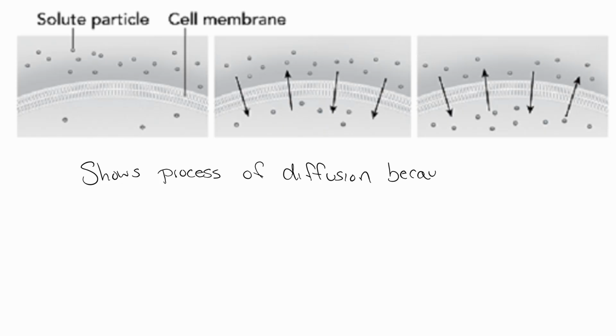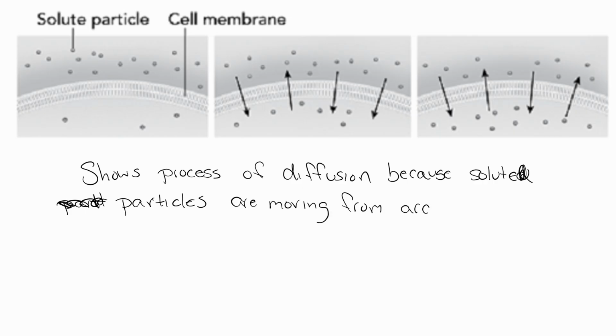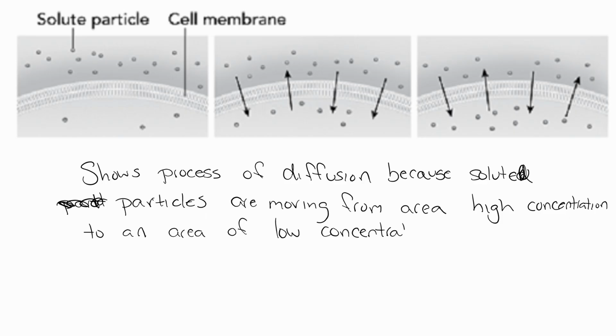This is diffusion because the solute particles are moving from an area of high concentration to an area of low concentration. Now remember, with passive transport, no energy is required. This is the natural movement these molecules want to do.